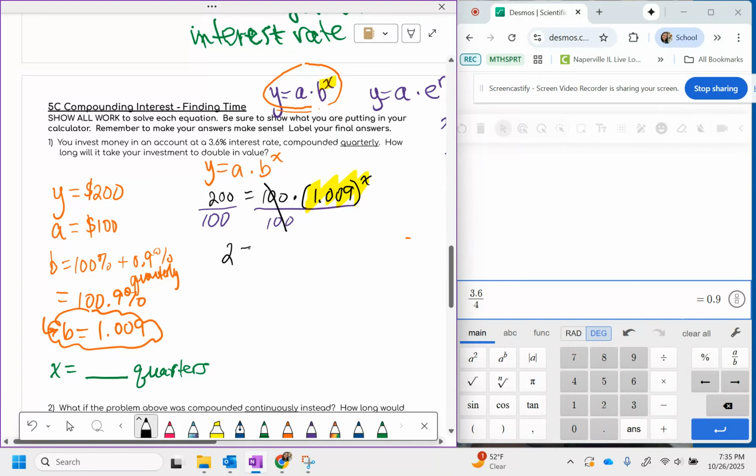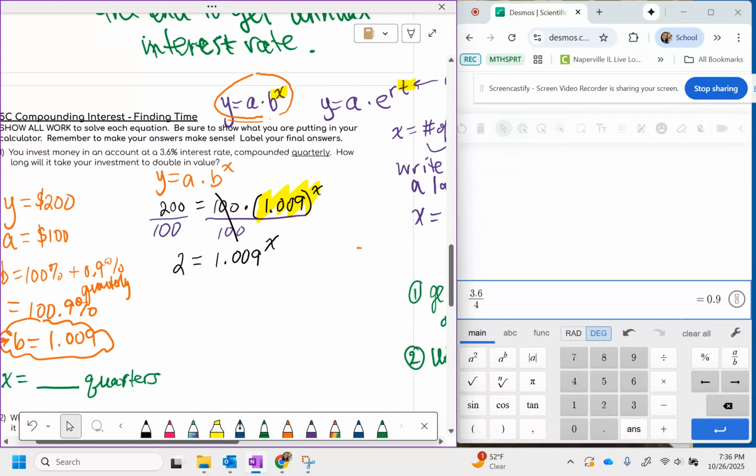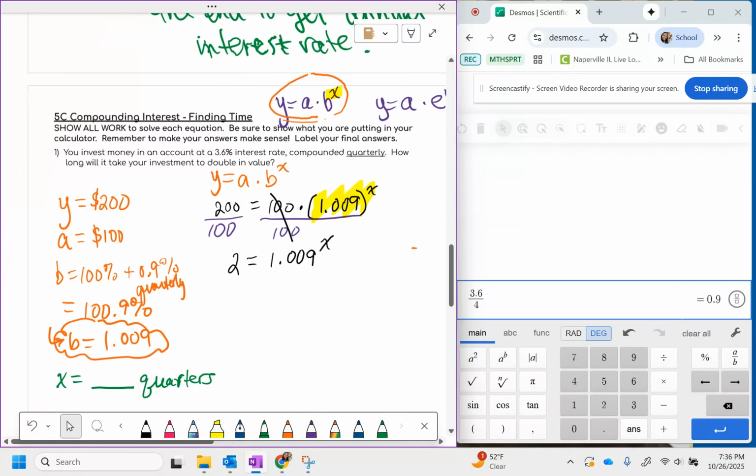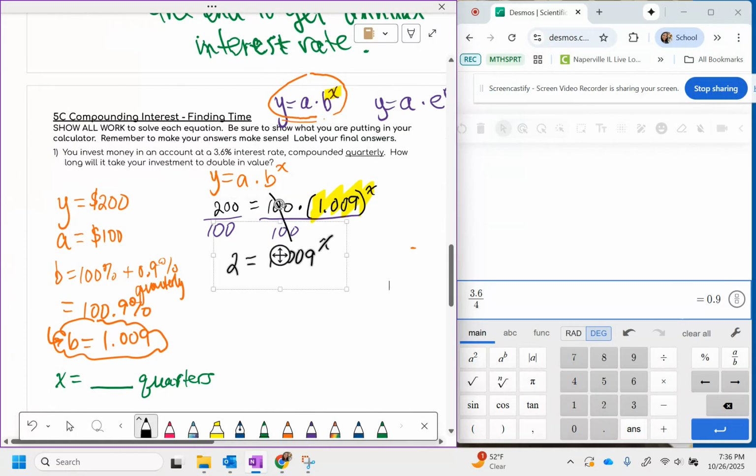Then I get 2 equals 1.009 to the x, and now I will take a log. If I had done the equation with the e in it, the continuously, I would take the natural log because that's log base e. But here, my base is the 1.009. And so I will say log base 1.009.